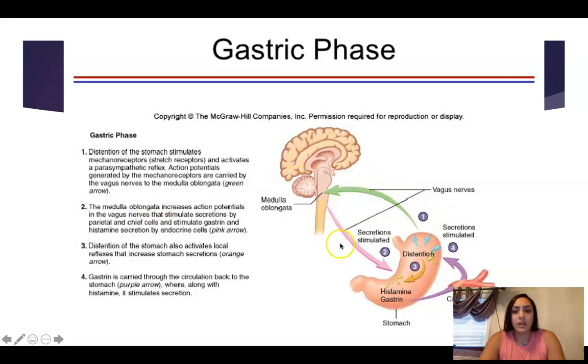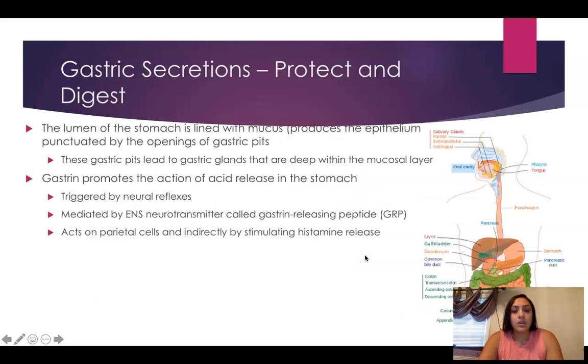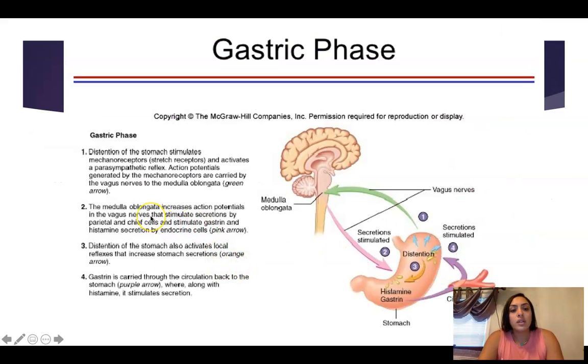So then the second one, after those signals are sent to the medulla oblongata, the medulla oblongata increases the action potentials in the vagus nerve that stimulate secretions by parietal and chief cells and stimulate gastrin and histamine secretion by endocrine cells, which is shown by this pink arrow.